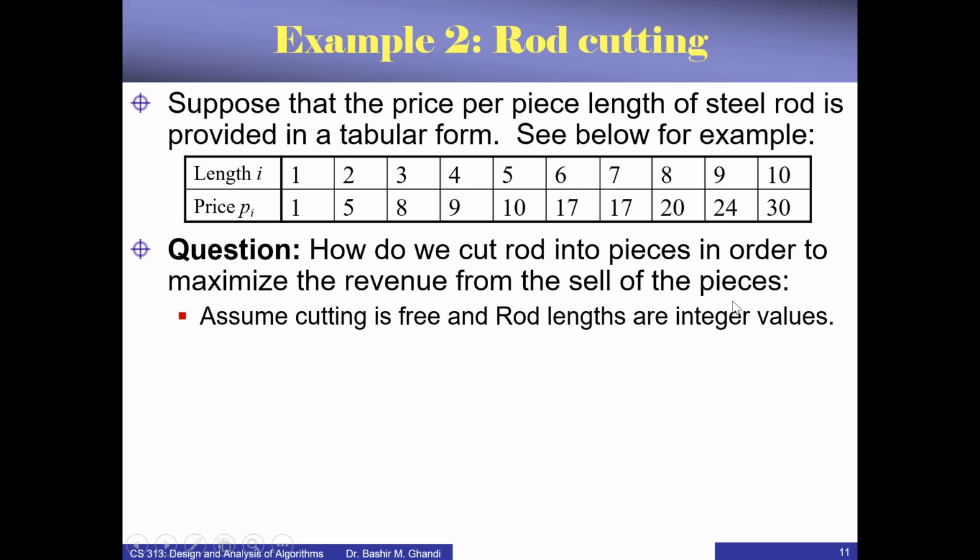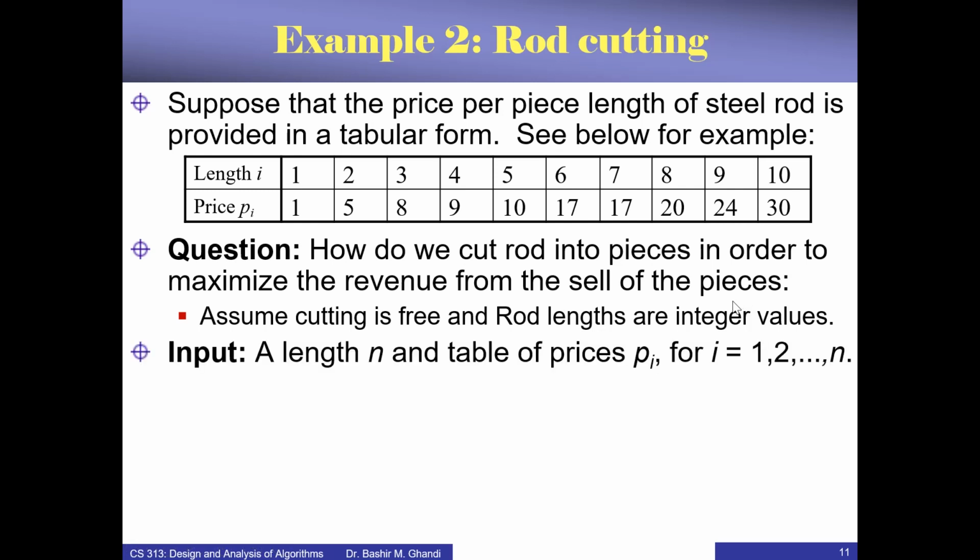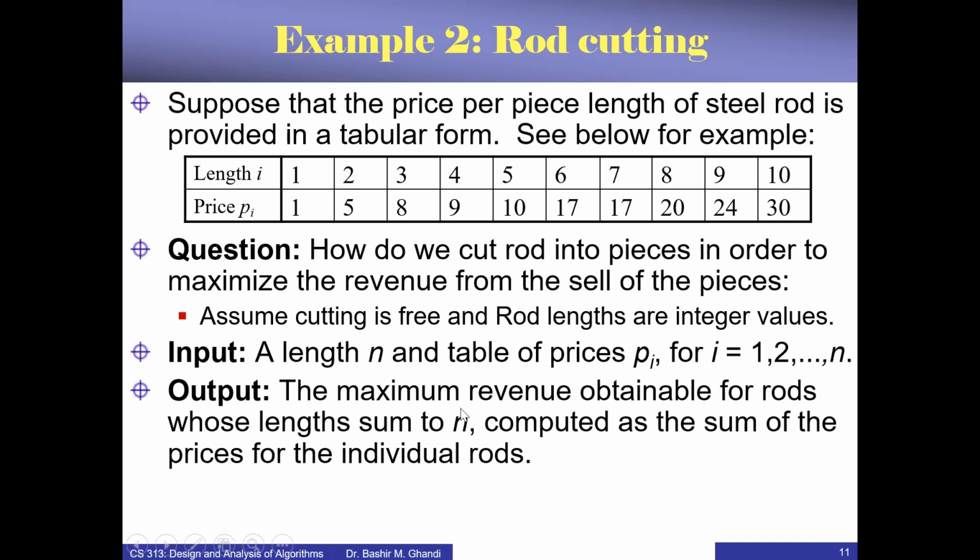Okay, so in terms of input and output, we can rephrase the question like this. Given a length n and a table of prices p_i for i from 1 to n, find the maximum revenue obtainable for rods whose length sums to n, computed as the sum of the prices of the individual rods.